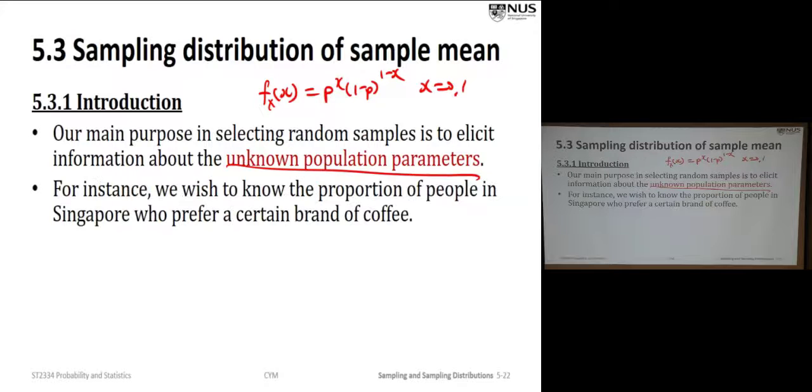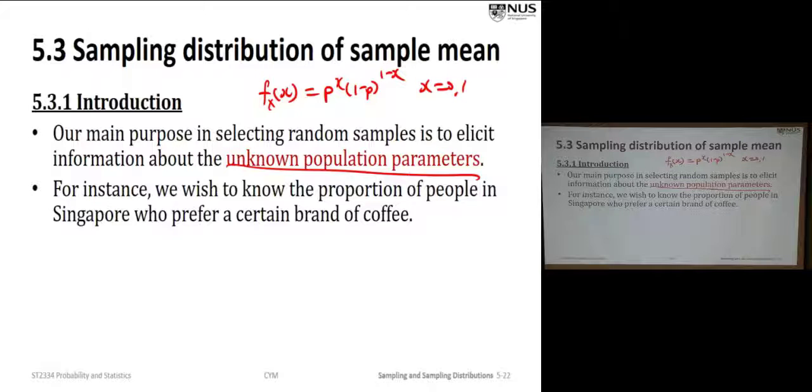All right. Okay, so in this example, we wish to know the proportion of people in Singapore who prefer a certain brand of coffee. So there's a proportion of Singaporeans who favor a particular brand. So unless you ask everyone, you won't get the proportion.